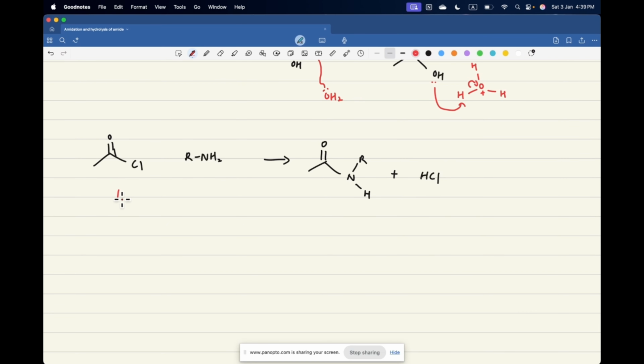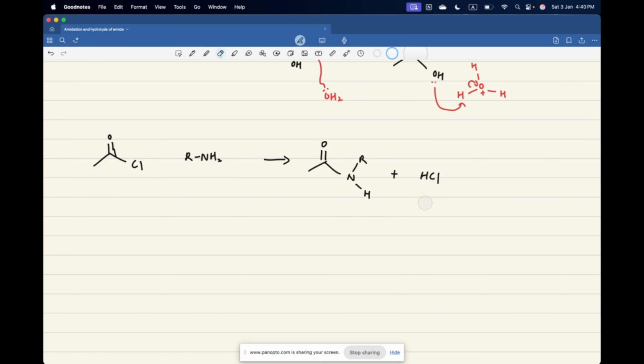So eventually, let's say 1 mole of the acyl chloride reacts with 1 mole of the amine, and it will form 1 mole of amide and 1 mole of acid. If this acid reacts with the amine, the reaction will become inefficient, and this will decrease the product yield.